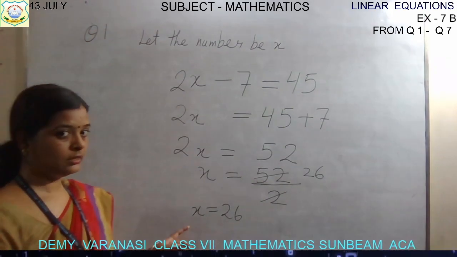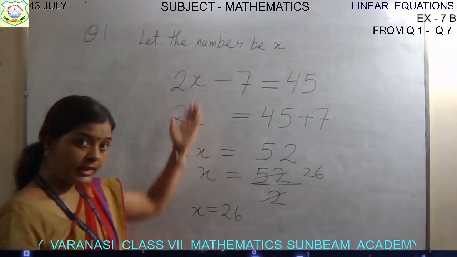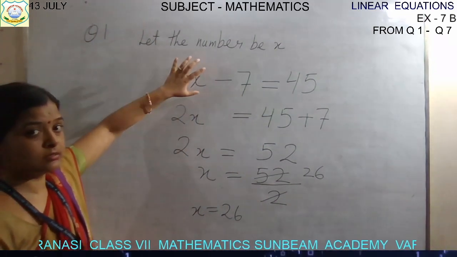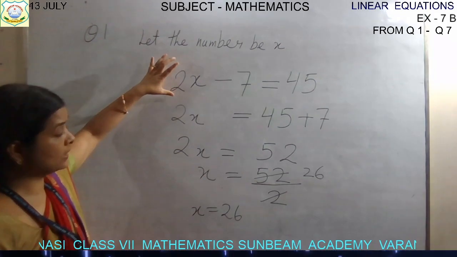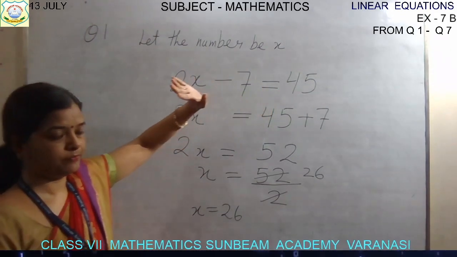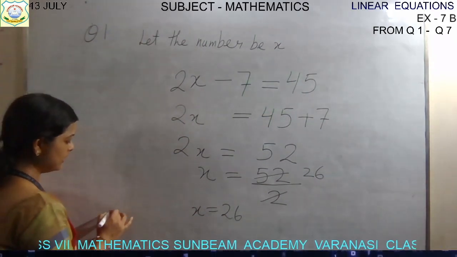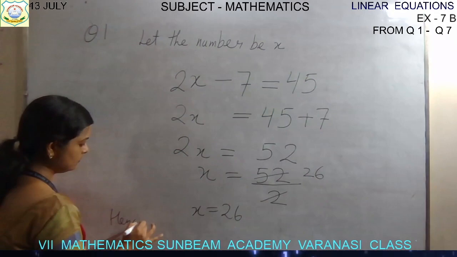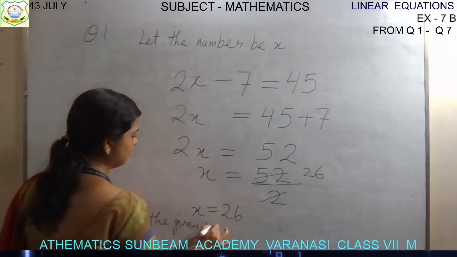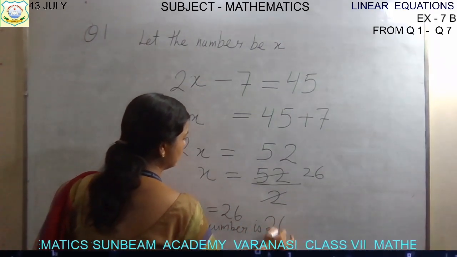Now in the question it is not written to find the value of x. So we have taken that number is x, whose twice, after subtracting 7 from it, we will get 45. So hence you will write the answer also. Hence the given number is 26.